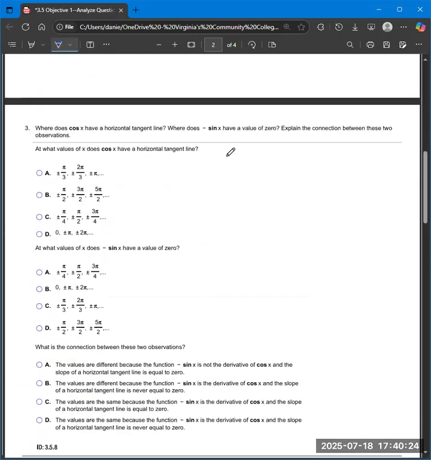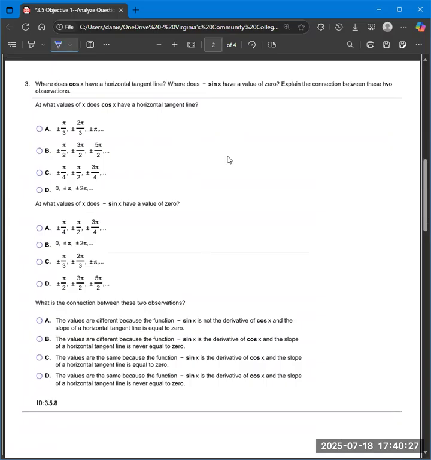And then where does cosine have a horizontal tangent line? And where does negative sine have a value of 0? So the horizontal tangent lines of cosine happen at the zeros of sine, which are at 0, plus or minus pi, plus or minus 2 pi, and so on, integer multiples of pi.